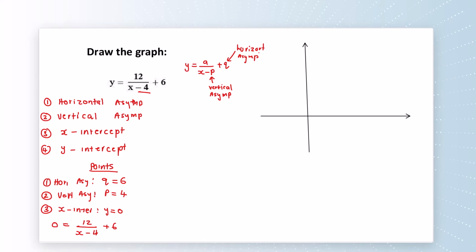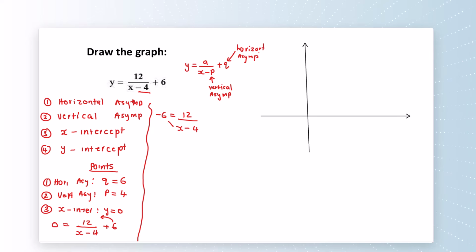Then we're going to solve for x. What you want to do is transpose the 6. Take the 6 to the other side of the equal sign first. You're going to have minus 6 equals 12 over x minus 4.